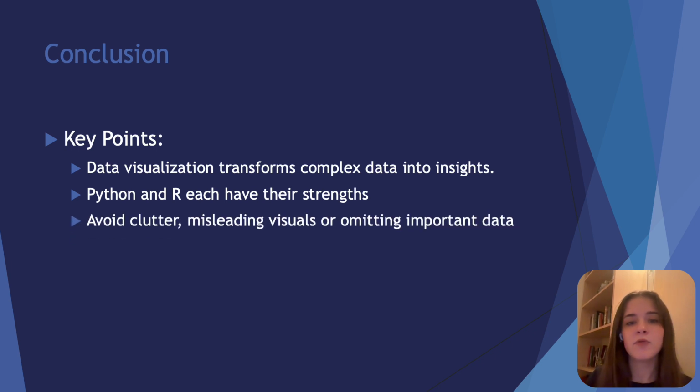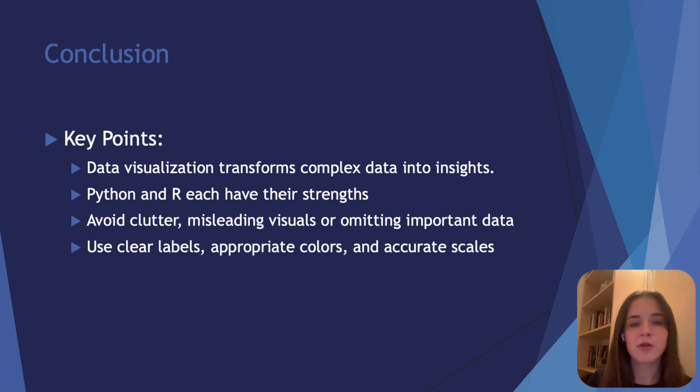Common mistakes to avoid are clutter, misleading visuals, or omitting important data. And then obviously follow best practices for data visualization, like using clear labels, appropriate colors, and accurate scales. And then finally, choosing the appropriate chart type to create clear visuals that turn raw data into clear, compelling stories.